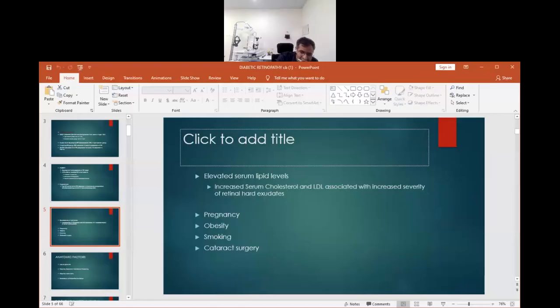Then only the lipid material will go away. The statins which we give, atorvastatin or others, do not take away the lipids from the retina. They are only for prevention of extra lipid deposition. Okay, sir. Only fibrates will work.